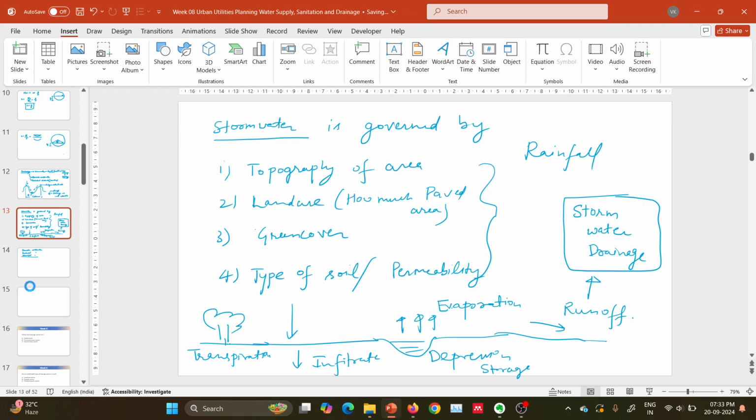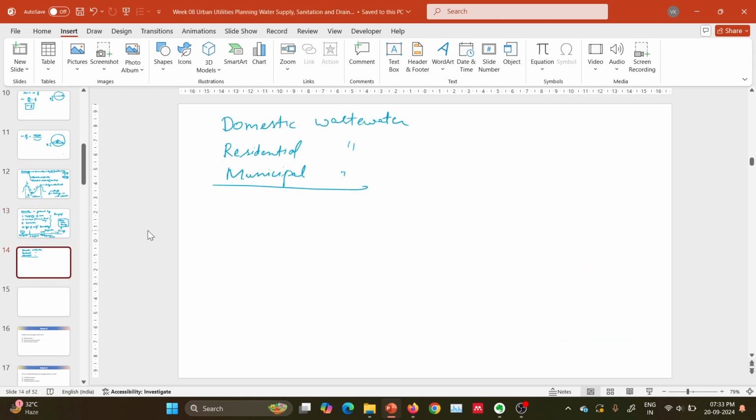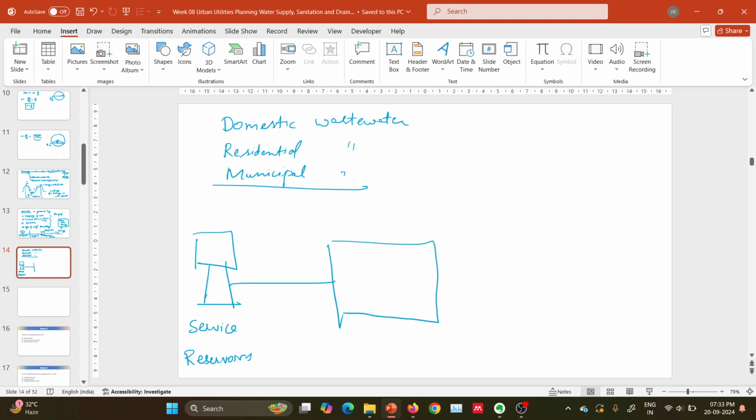Now we will talk about domestic, residential, or municipal wastewater. So this wastewater, how it is generating. So we understood in the previous lectures, from the service reservoirs, we are sending the water to the distribution system. We are sending the water to the community.